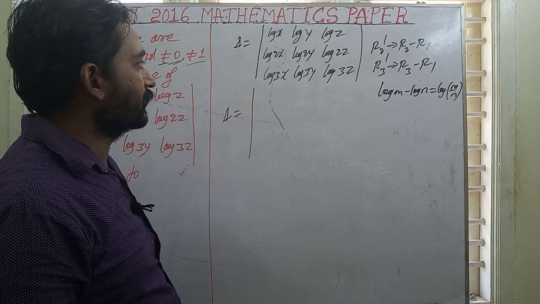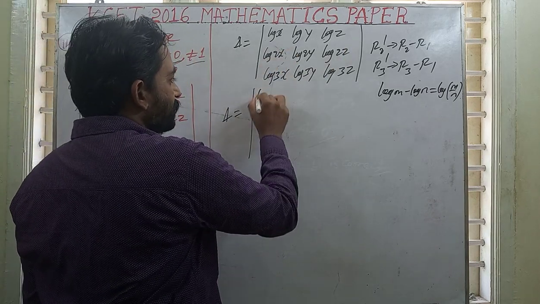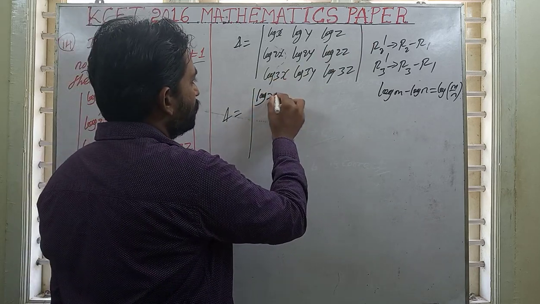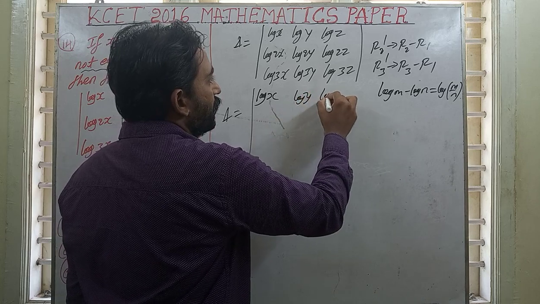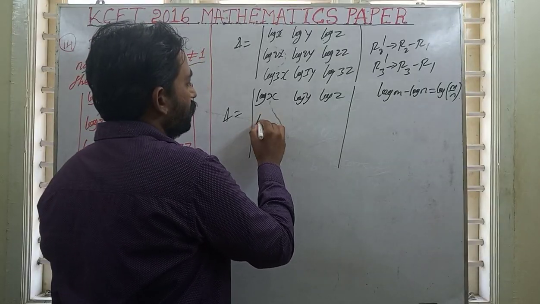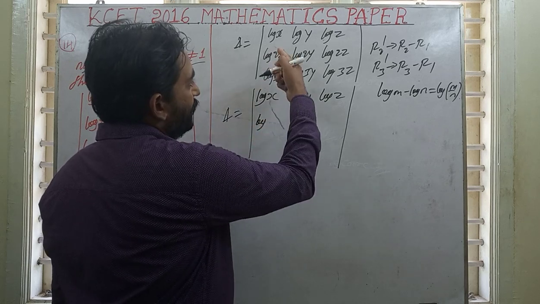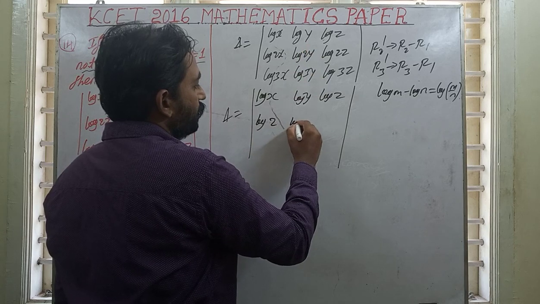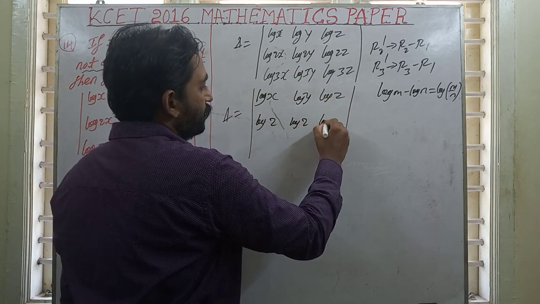The first row stays as it is, because we cannot change this row: log x, log y, and log z. The second row changes this way: log 2x by x, x cancels, log 2; here log 2y by y gives log 2, and log 2z by z gives log 2.